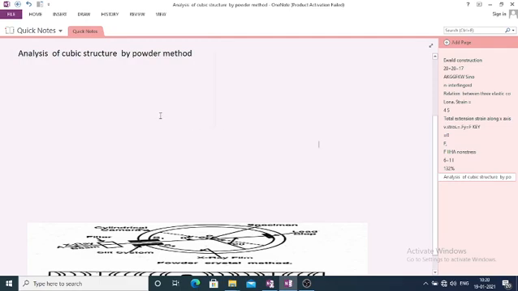Okay. So for that purpose, we consider a monochromatic X-ray beam of wavelength lambda.